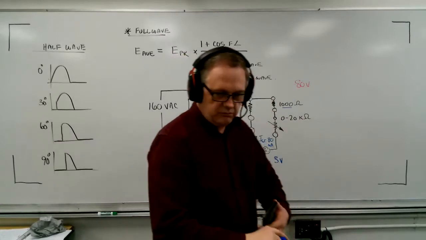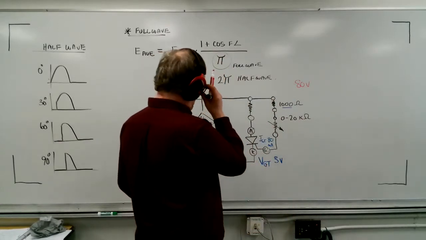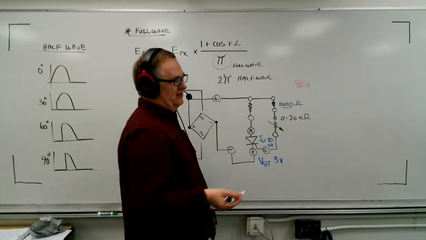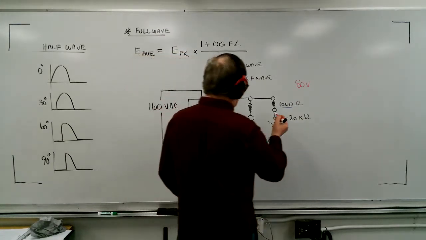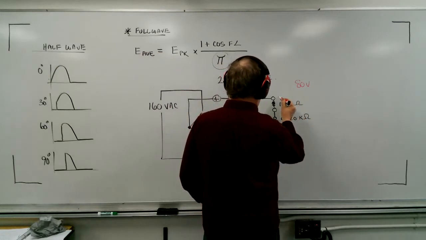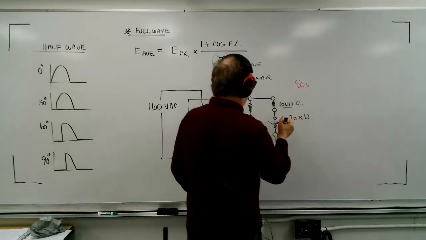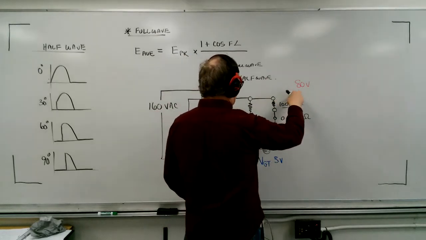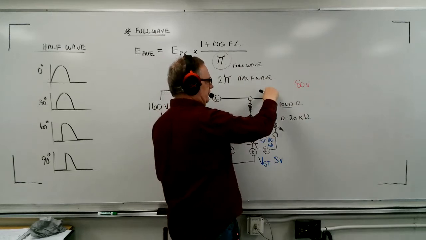Now, with 80 volts, we would say, is that the instantaneous voltage? And the answer is no. That's actually the voltage that we get here. You know, that's the voltage that it's risen to.